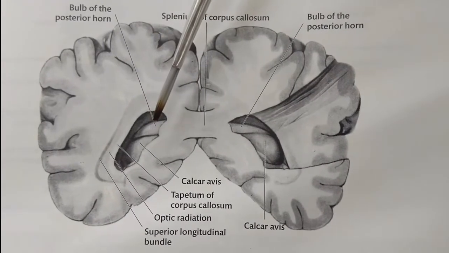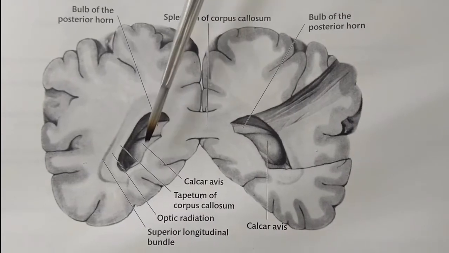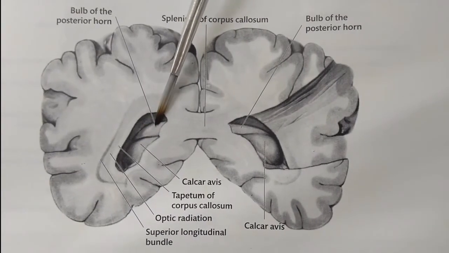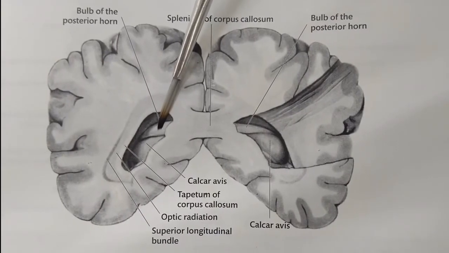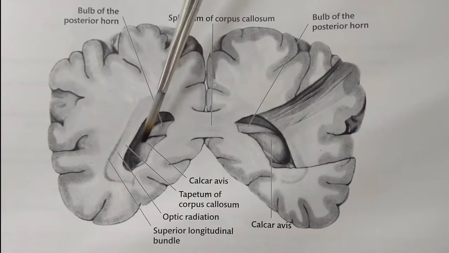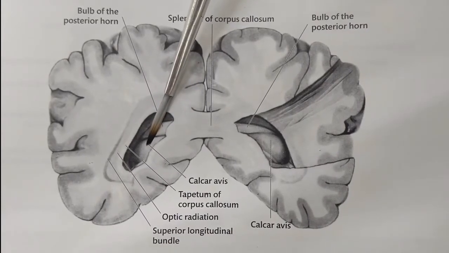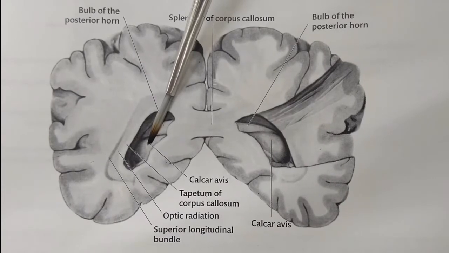In the medial wall you can see 2 elevations. The upper elevation is known as the bulb of the posterior horn, and the lower elevation in the medial wall is known as the calcar avis.